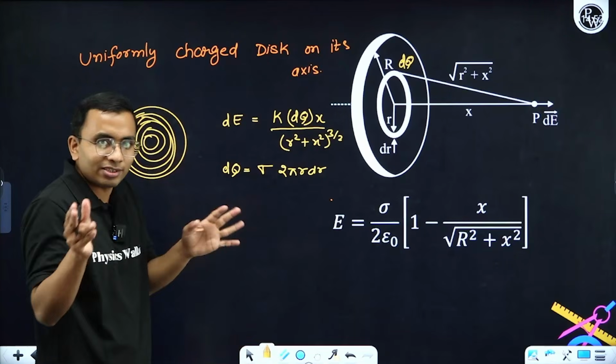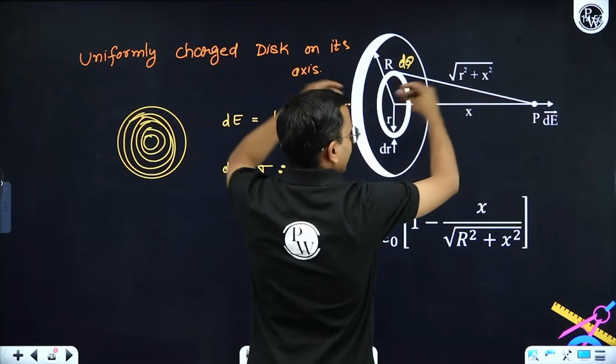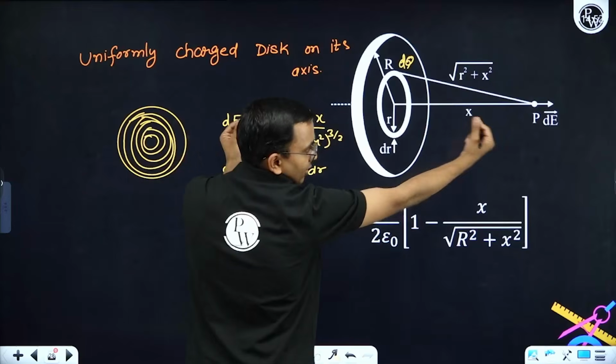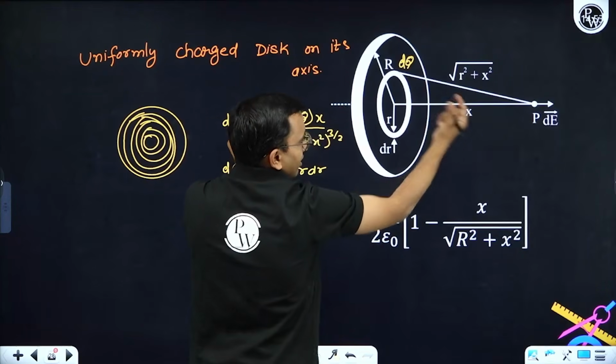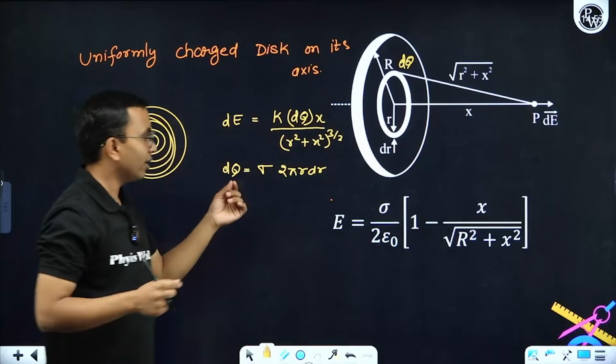Now, just to visualize, you can flatten this ring into a straight strip, and that strip has thickness dr. The length of the strip is equal to the circumference, that is 2 pi r, into dr. That becomes the area of that rectangular strip.